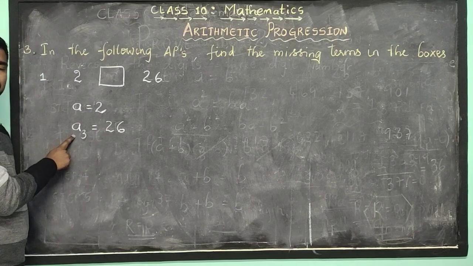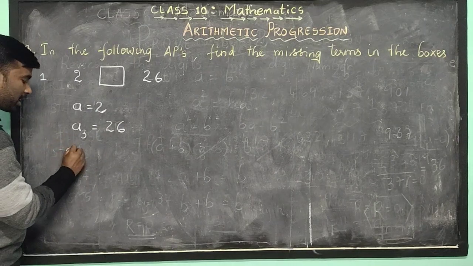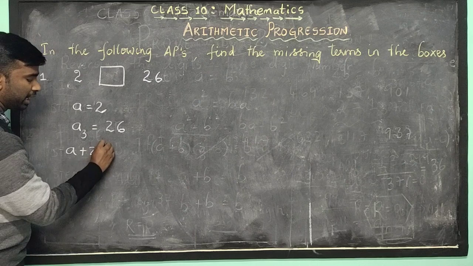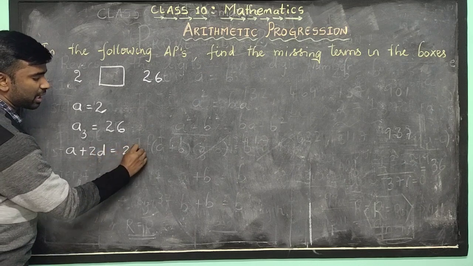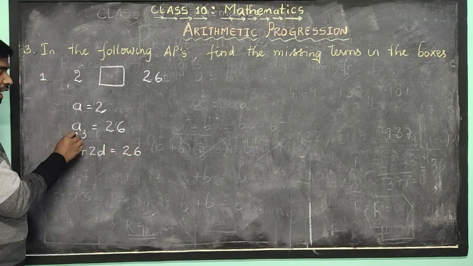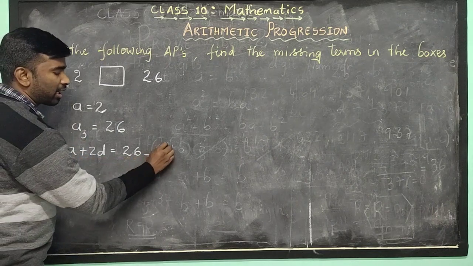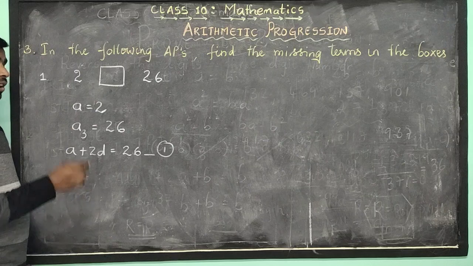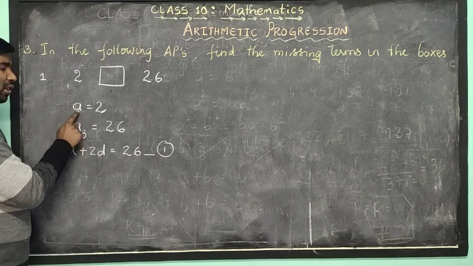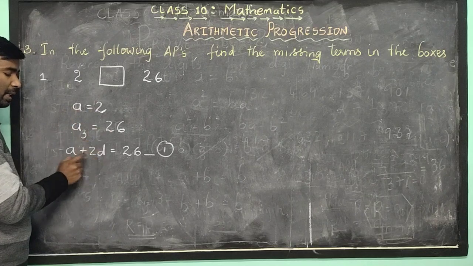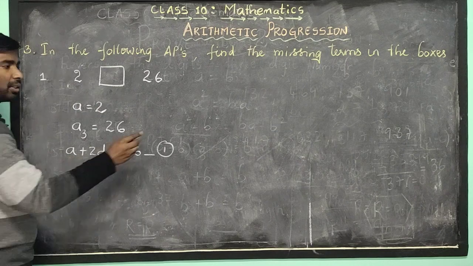But we can write A3 as A plus 2D equals 26. So we know that A3 equals A plus 2D equals 26. I'll take this as equation 1. Now substitute the value of A equals 2 in equation 1.